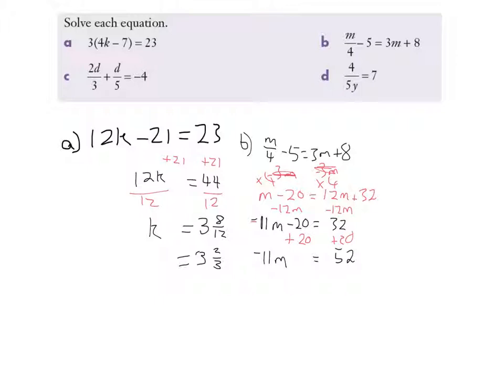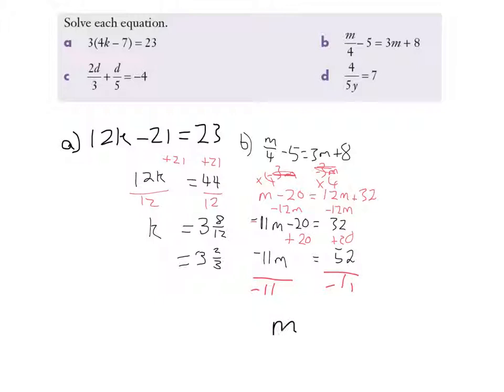Okay guys, so we're very close to the end. The next thing that we need to do is divide both sides by minus 11. Okay, so we're at the end.